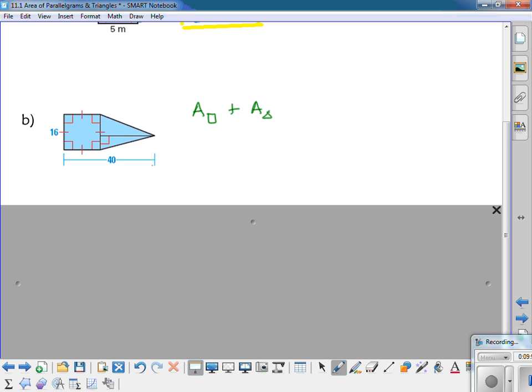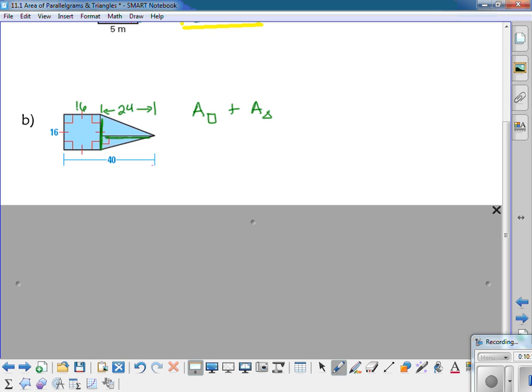Well, I can see that the sides of my square are all 16, so that means this side on top is also 16. So to figure out the height of the triangle, I know it's going to have to be the whole length 40 minus 16. That leaves 24 for the height of that triangle. So I'm going to use this side as my base for my triangle, and then my height of 24.